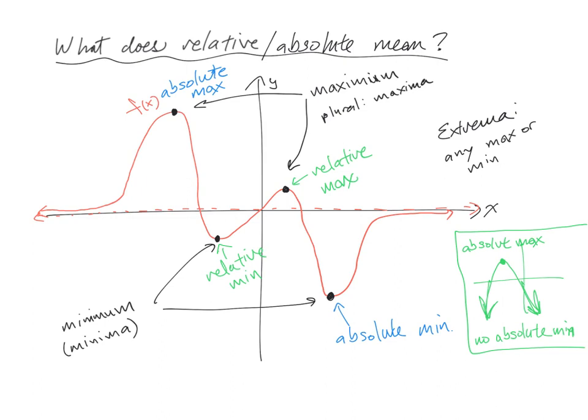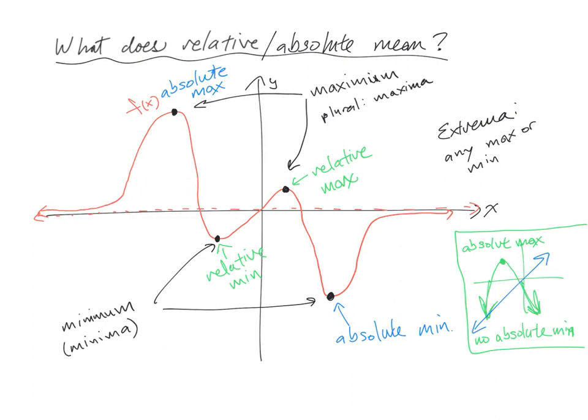Heck, we could even have a function that has no absolute max and no absolute min, being just pick your favorite linear function. It keeps increasing to the right, it keeps decreasing to the left. And so this function has neither a maximum nor a minimum.